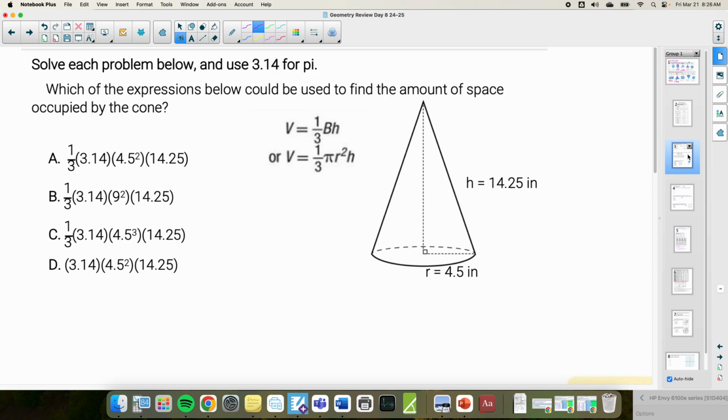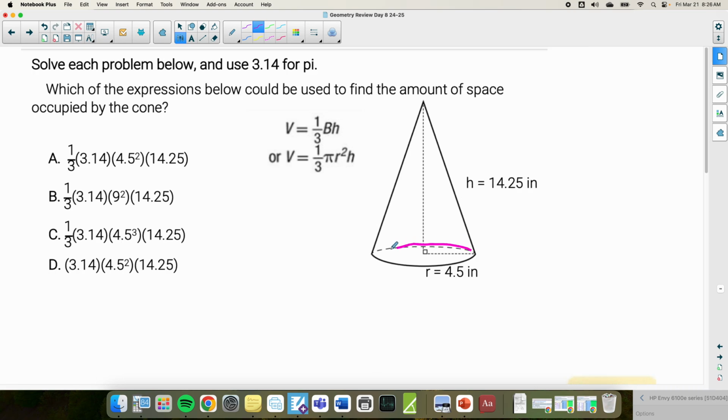I would think that day you guys could remember 1/3 capital B times height, and that capital B would be the area of this circle, and the area of a circle is pi r squared. So that's how they could replace the B with pi r squared, okay?